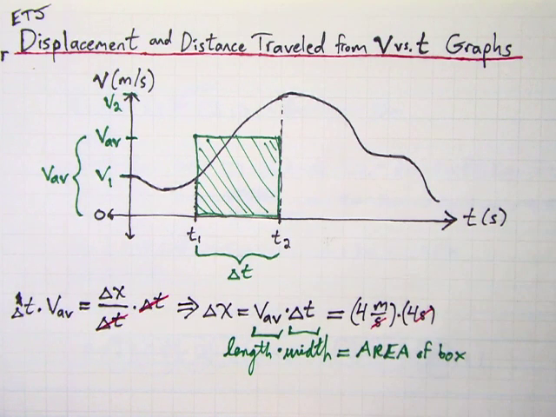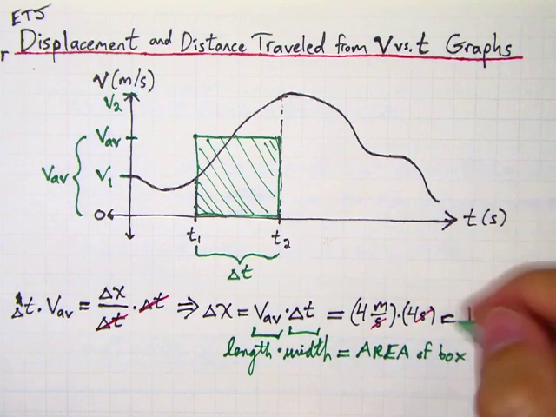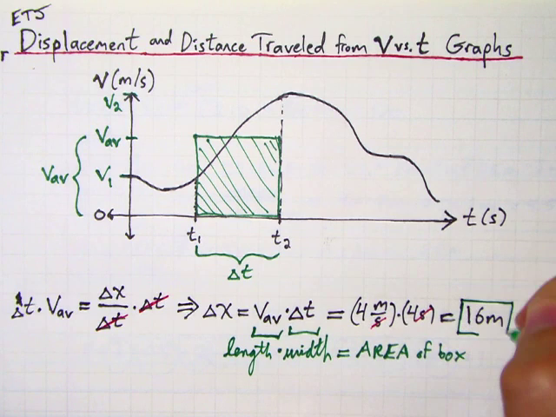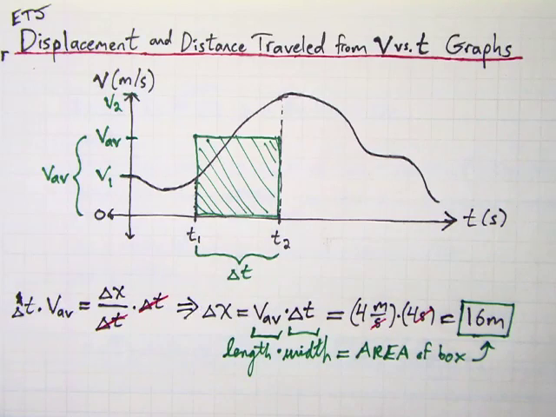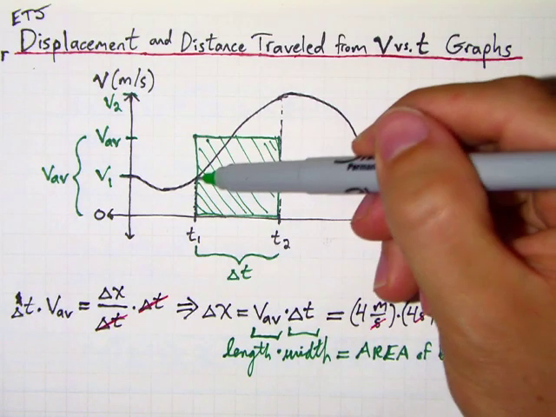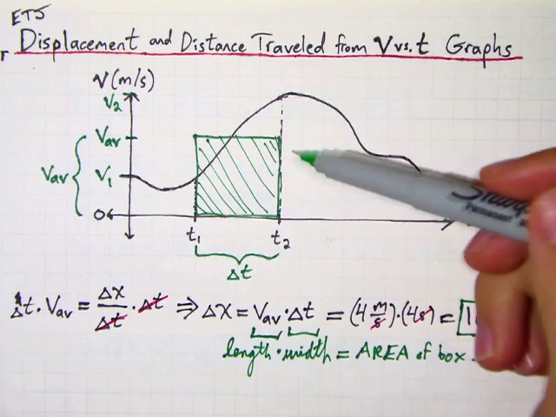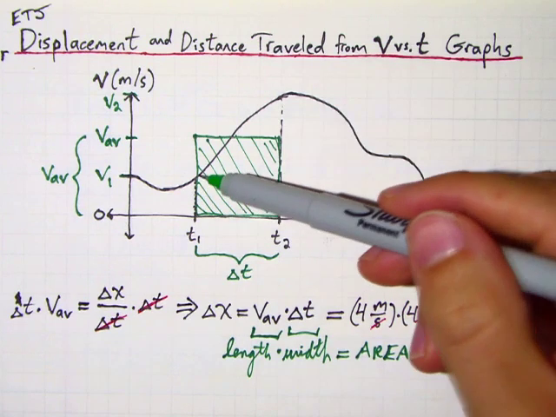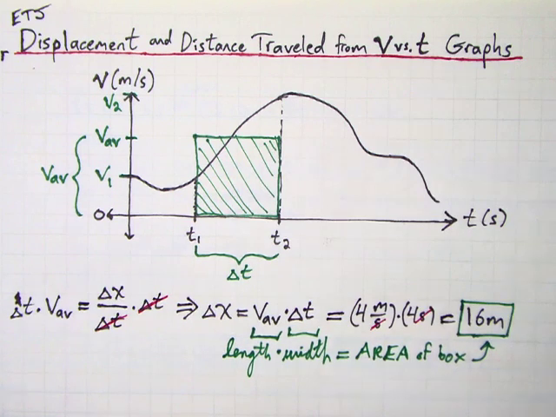Seconds cancels seconds. 4 meters times 4 gives us 16 meters. That's the area of this box, which is also then the displacement from here to here. That means that from this time to this time, this object's change in position was 16 meters, exactly the same as the area of that box.